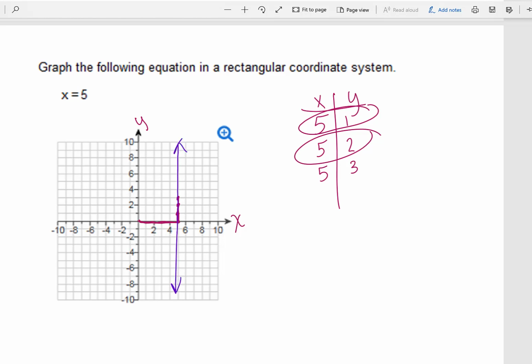Always, always will I get a vertical line. Pretend my line's straight. I just backed up from the screen and realized how it sort of veers off at the bottom. But always, always will we get this vertical line. And the slope will always be undefined on these lines.